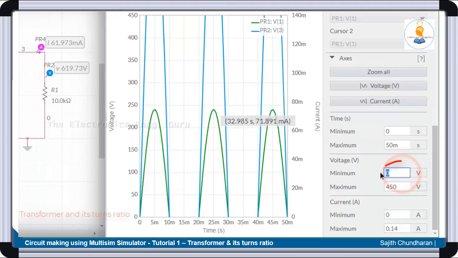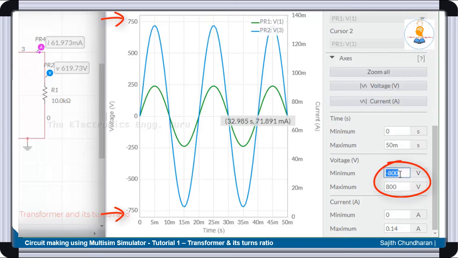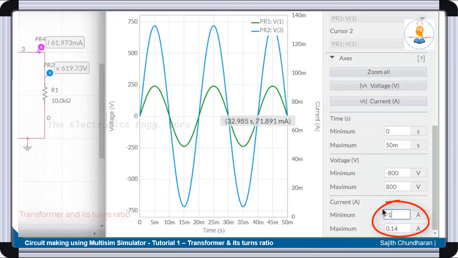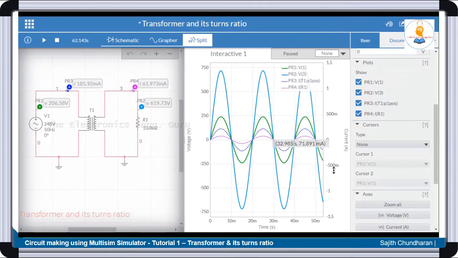Now the voltage level here, I will make it from -800 to +800. You can see that all the waveforms have come well within the limit. And for the current, I will make it -1.5 to +1.5. Now you click on this, and you can see that the current is also shown.